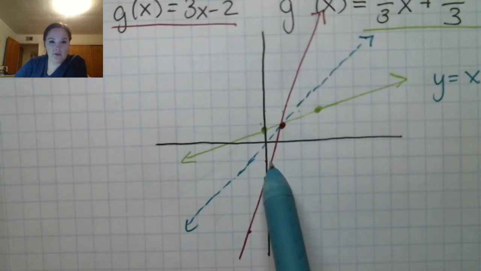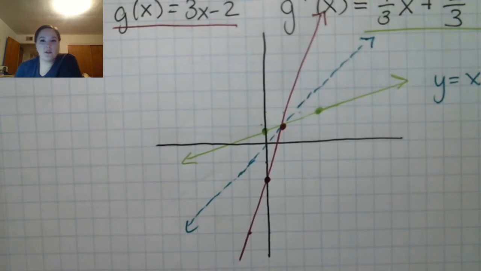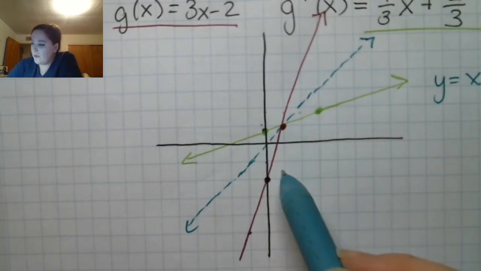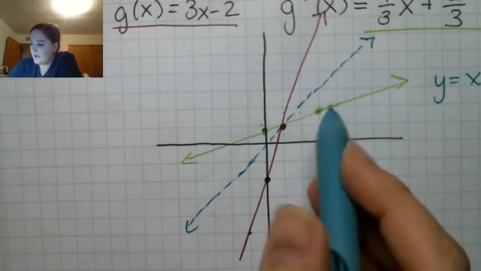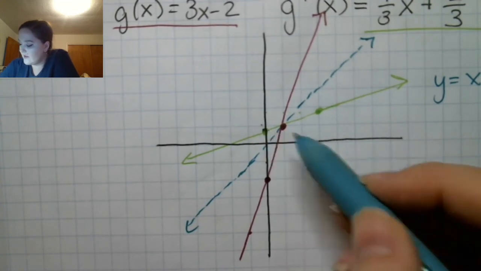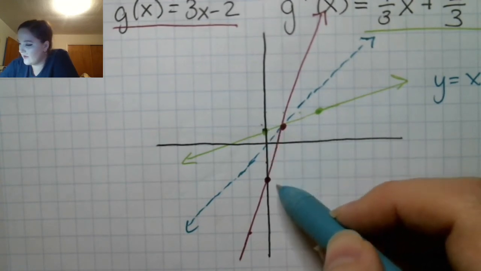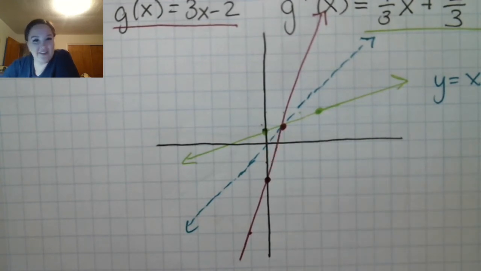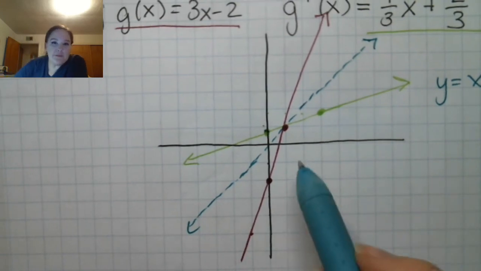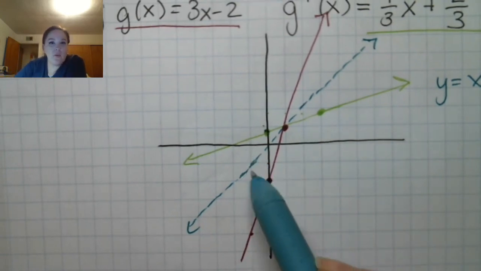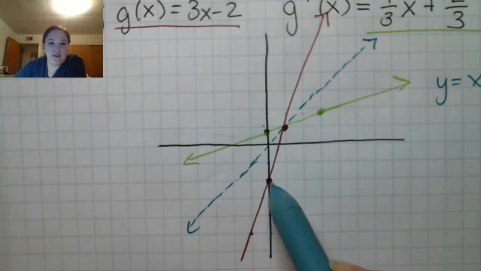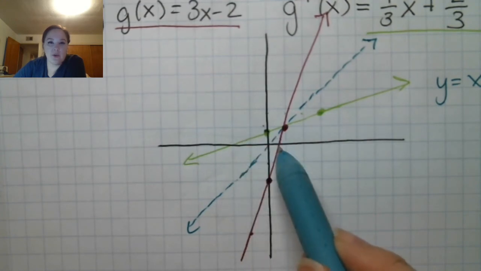This point is reflected here. Oh, I'm sorry, that point would be reflected over here. This point's reflected here. You can see some of the reflected points.